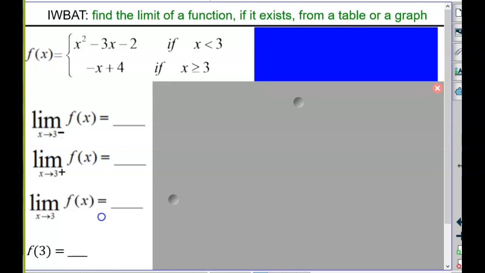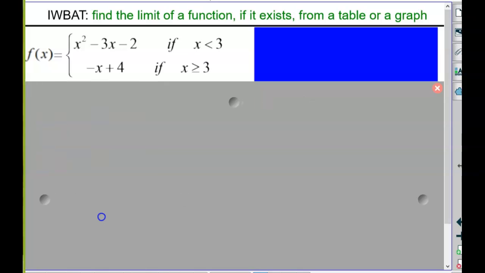Now you'll notice what came into play here. It's a piecewise function. So you have to have some familiarity with piecewise functions to be able to become really good at this.